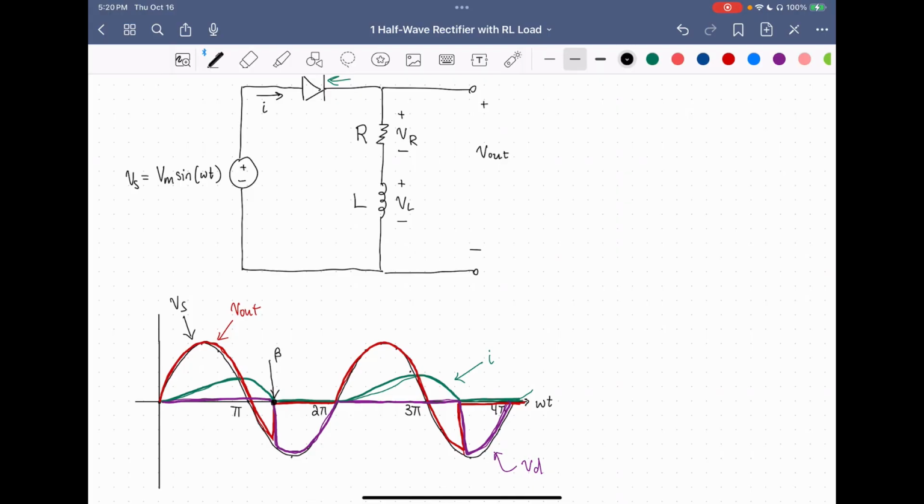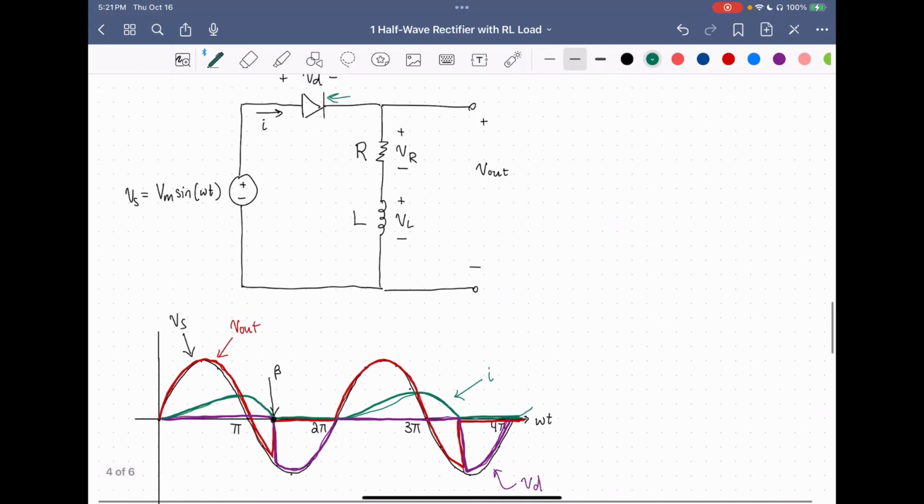We get the sum of the forced and natural response of the circuit, giving us the waveform for I. However, at the point where the current wants to go negative, we get to beta, the extinction point, where the diode stops any negative current. So the diode does play a key role in determining our waveforms.